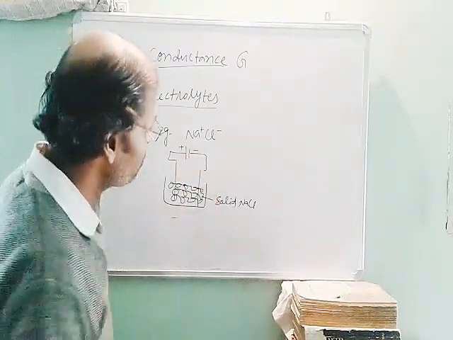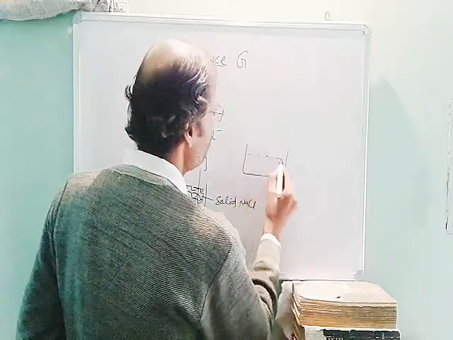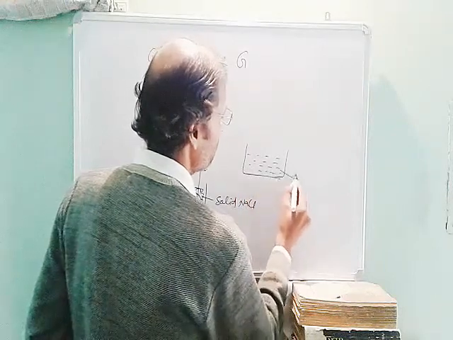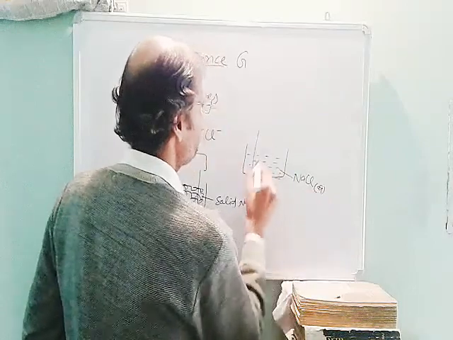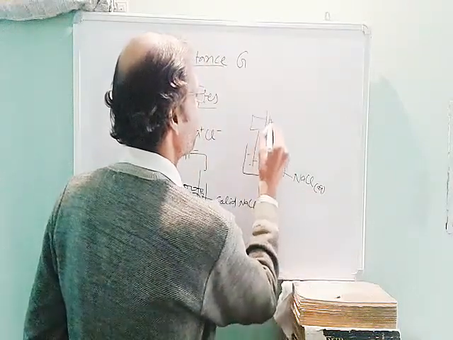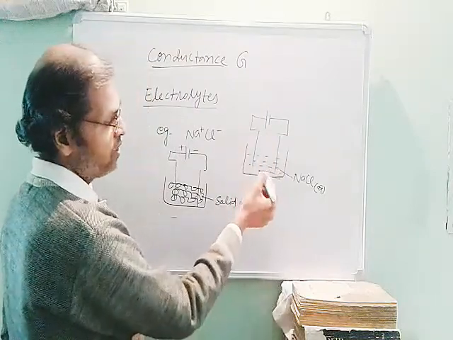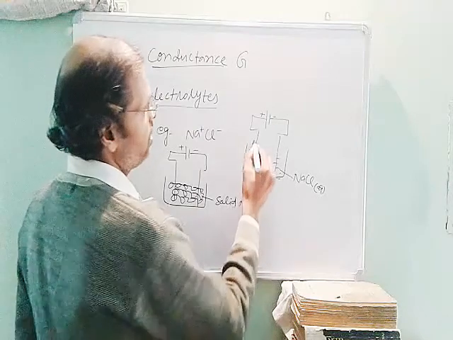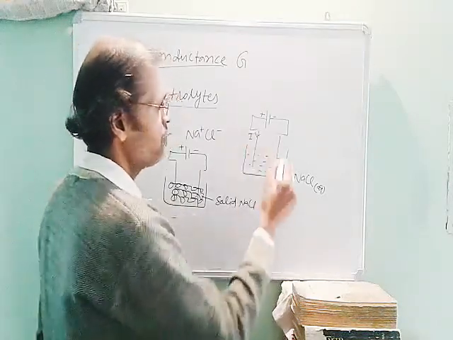But suppose you melt sodium chloride or you make aqueous solution of sodium chloride. This is aqueous solution of sodium chloride. And you connect two electrodes dipped in this solution to the battery, then current will flow.